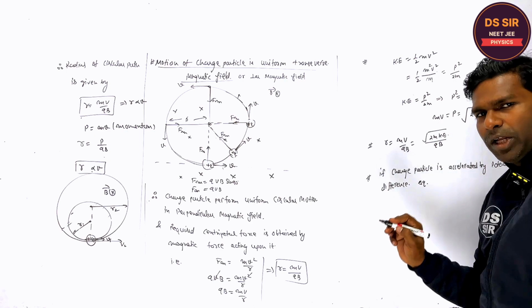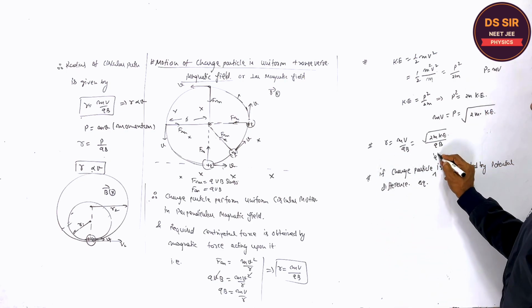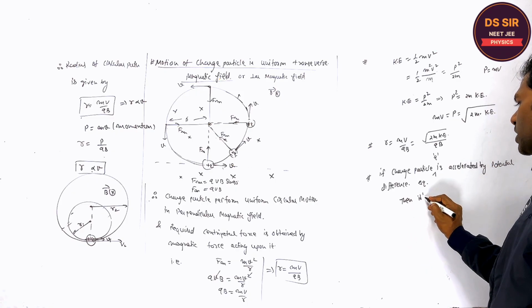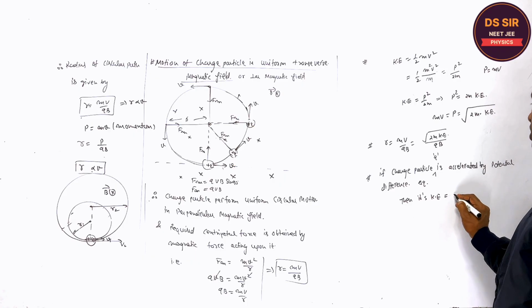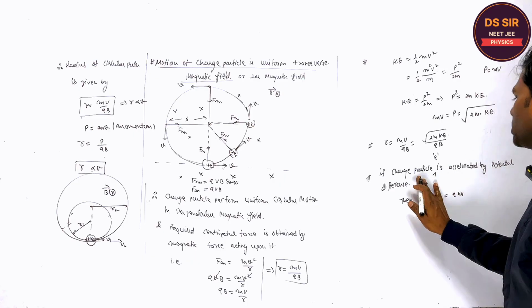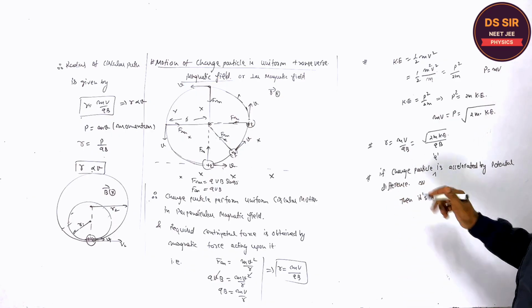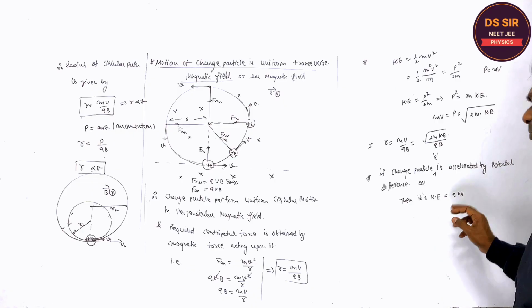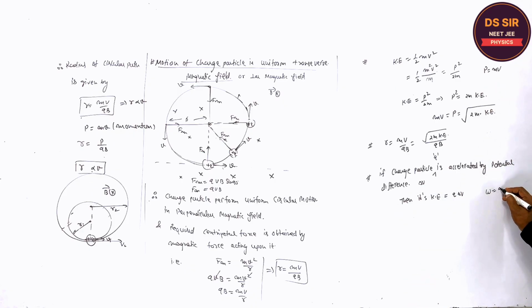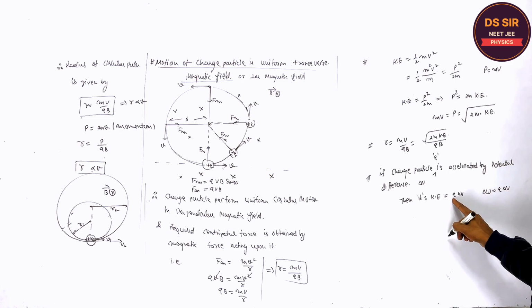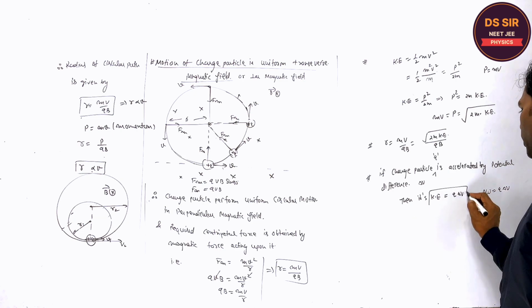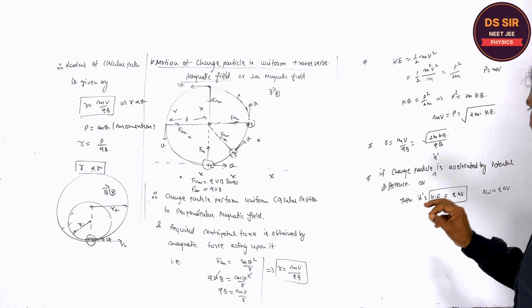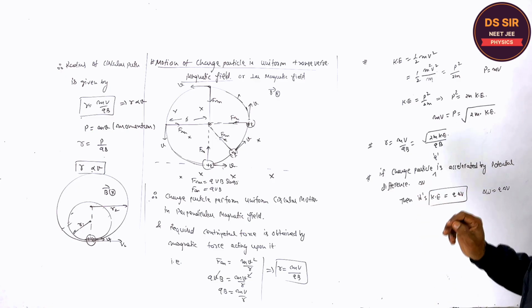If charged particle q is accelerated by potential difference delta V, then its kinetic energy is given by q into delta V, because work W is equal to q into delta V. So you must always remember the charged particle's kinetic energy is given by q into delta V if it is accelerated by potential difference delta V. All right.